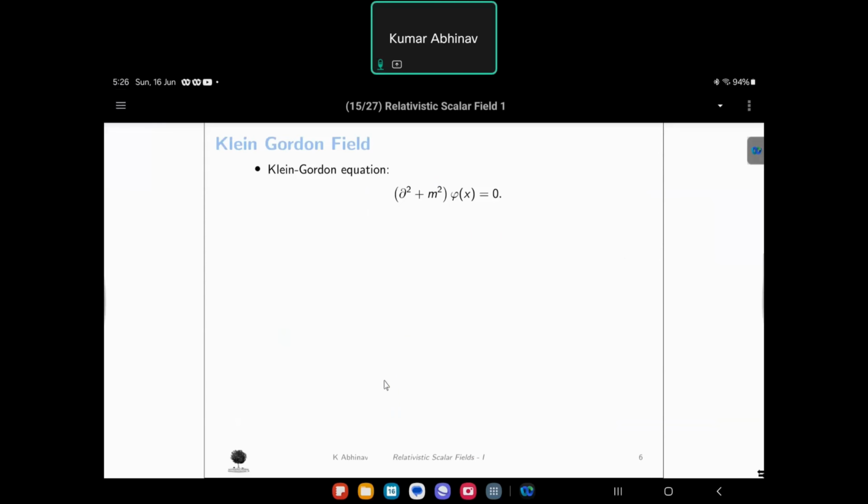Now the relativistic scalar field means the dynamics of the scalar field represents a relativistic symmetry. In this case, the dynamical equation corresponds to a scalar field phi. M stands for mass, and this d-mu version, which we have just seen, has a covariant structure.